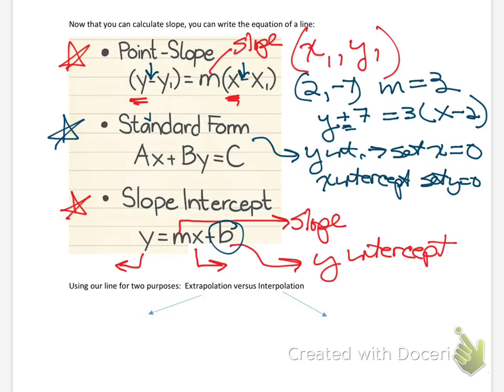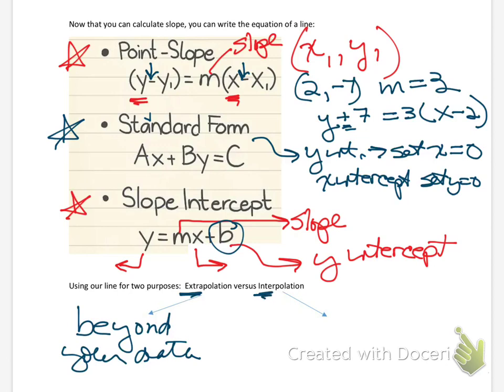Okay, so we're going to talk about this a little bit more on the next page, so I'll give you some examples to work with. Before we go on, though, I want to talk about two purposes for using our line. You can extrapolate, which means you can figure out what might be happening beyond your data. That's one thing you can do. Extra is beyond.